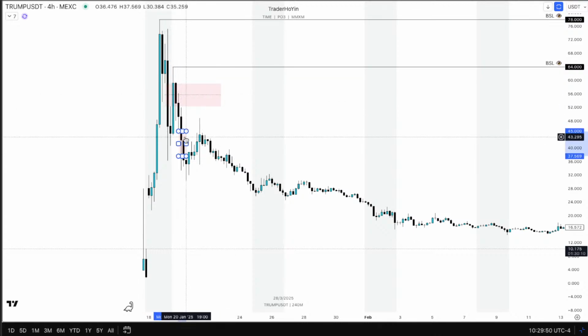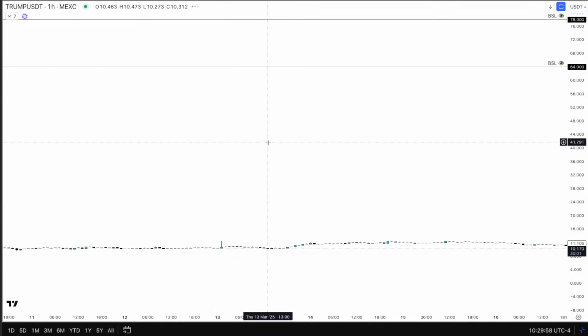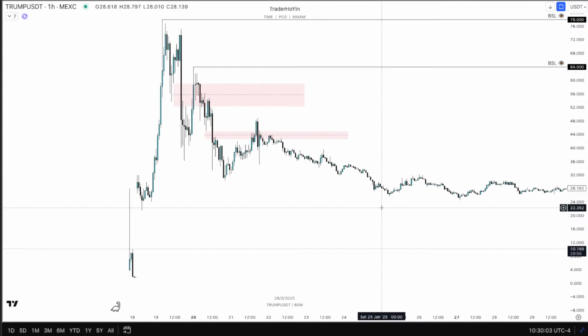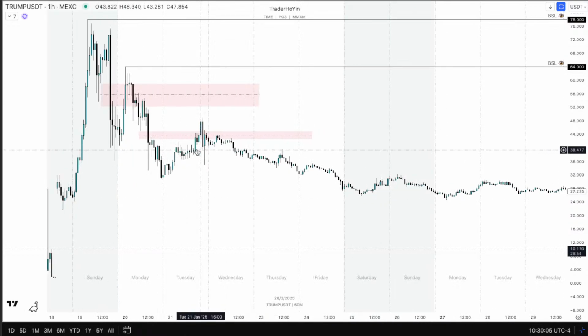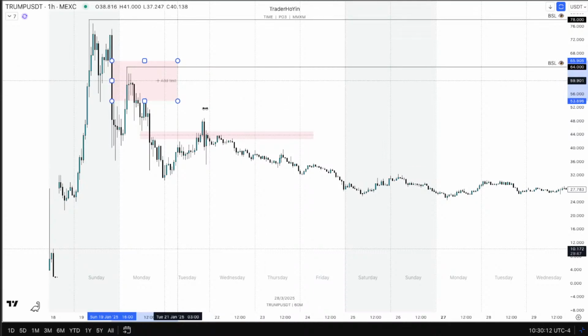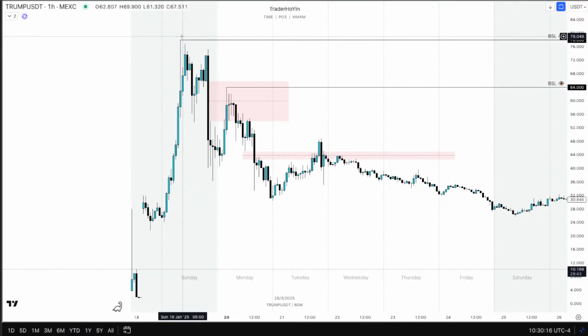Look at that. You use ICT, you can trade this, right? All-time high comes down and comes one more time back up.